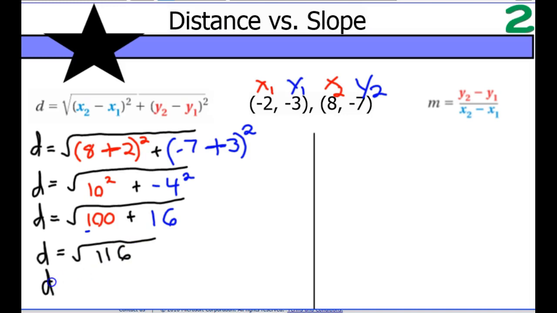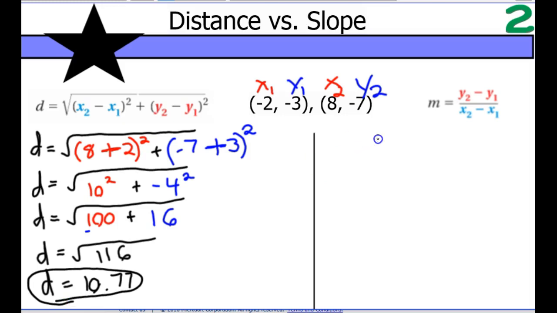So d equals the square root of 116, which is 10.77. About 10.77 if we round it. So that is our distance from negative 2, negative 3 to 8, negative 7.